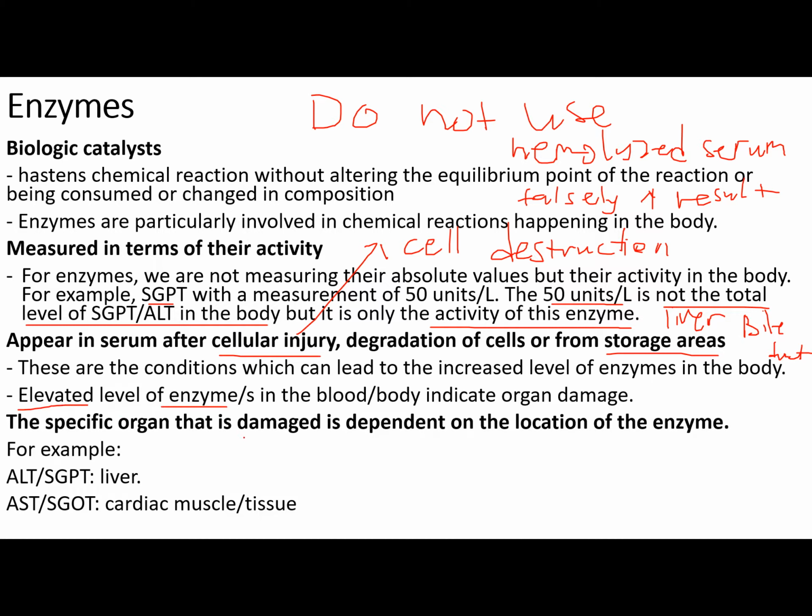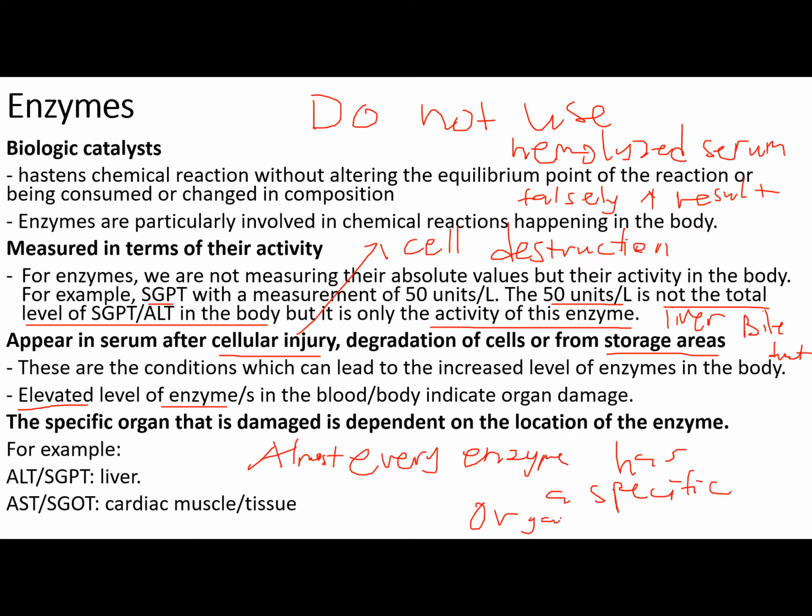Now, the specific organ that is damaged is dependent on the location of the enzyme. So take note of that, class. To simplify this statement, almost every enzyme class has a specific organ that is marked by it.